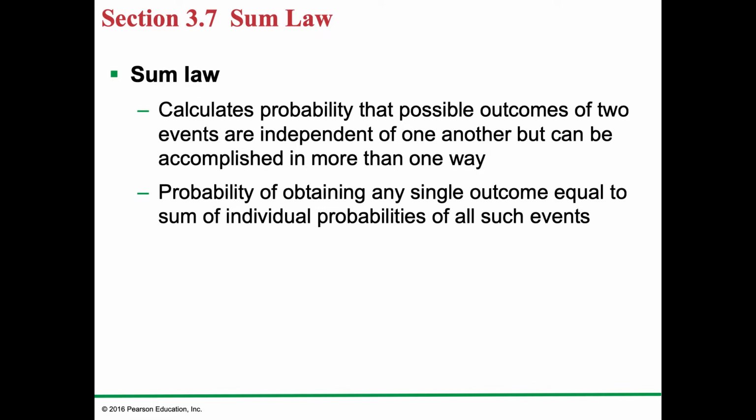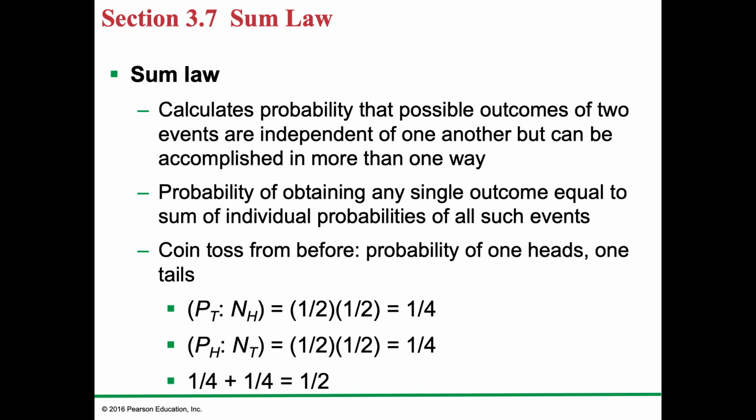Now, sometimes you might be looking at the probability that something could result in a couple of different ways. And so this is basically when you have to add the probabilities together. When we're using our coin example, the question is, what is the probability that we will get 1 head and 1 tail when we flip our 2 coins?